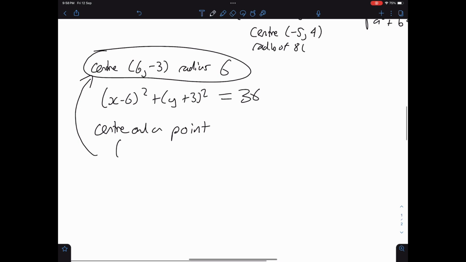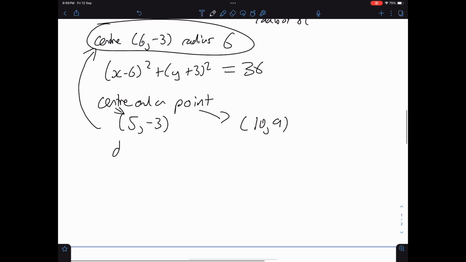So let's say it's got a centre 5, minus 3. It may not be nice numbers. It's the centre, and then a point on the circle is 10, 9. So we do a distance equals the square root of 10 minus 5 squared plus 9 minus 3 squared.